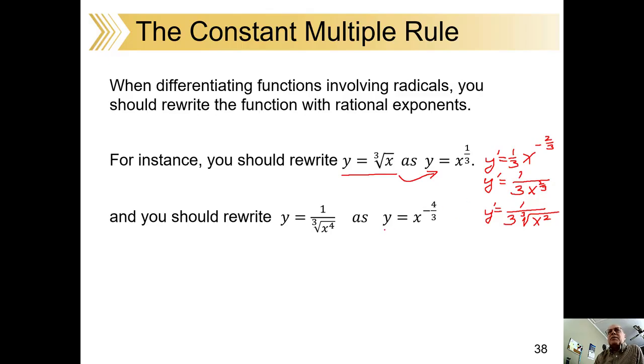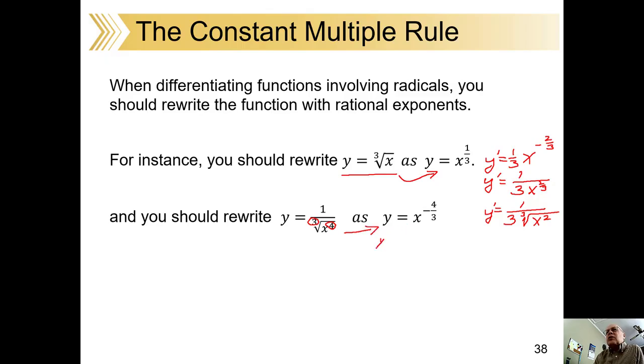The next one, there we go. Remember, this is the root that goes in the denominator of the exponent. This is the power that goes in the numerator of the exponent. So our rewrite looks like this.